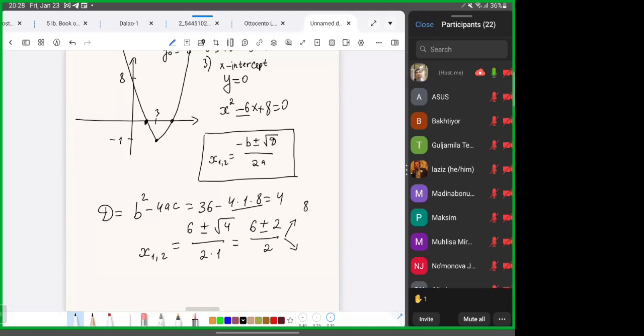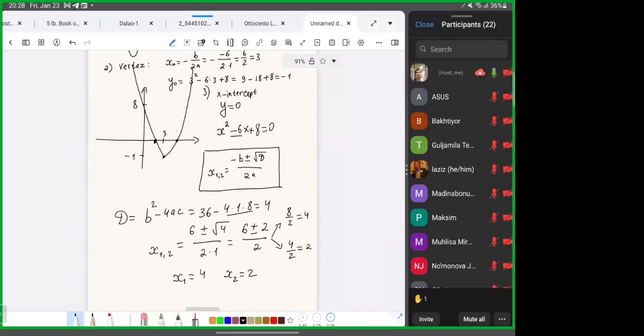When plus, 8 divided by 2, when minus, 6 minus 2 gives you 4, 4 divided by 2. It's equal to 4 and it's equal to 2. You can see now your equation has two solutions. We call them x1 is 4, x2 is 2. Two solutions found. So this is 4, this is 2.